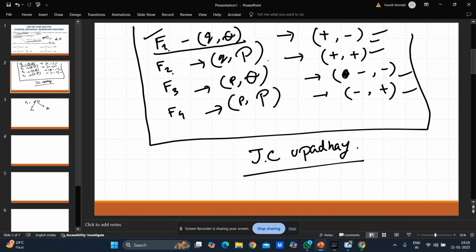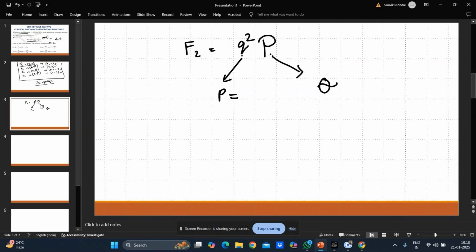For F2, the sign convention is both plus and plus. So it is plus del F2 by del q, and similarly the second one is also plus del F2 by del P.